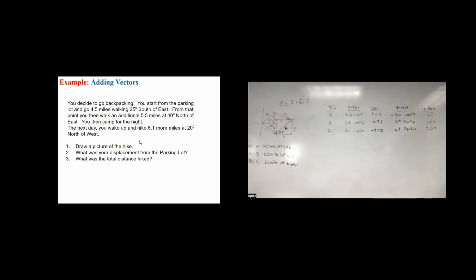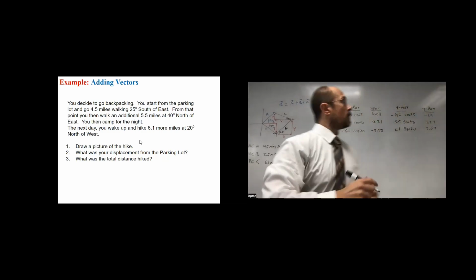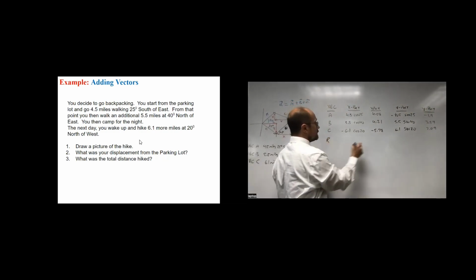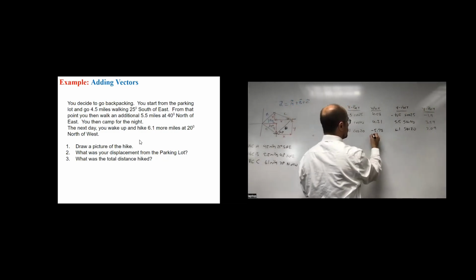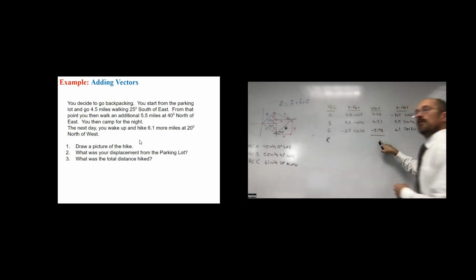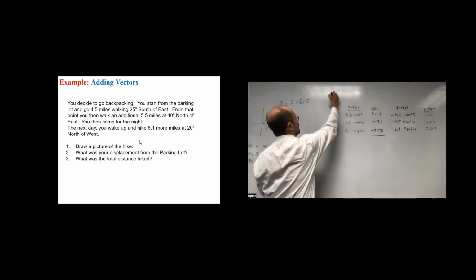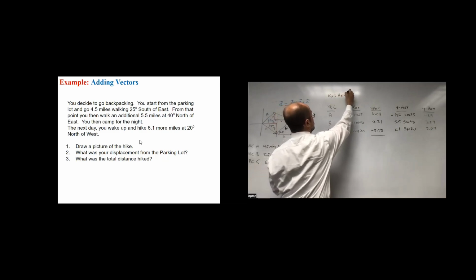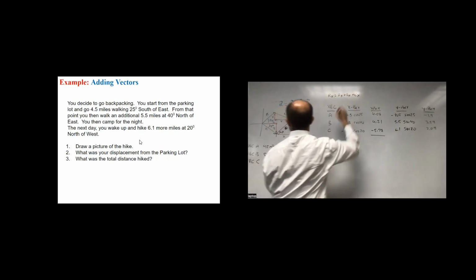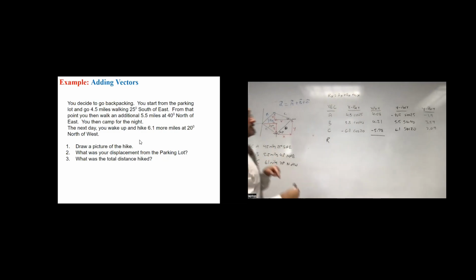All right. So now to get R, Rx is just the sum of these three numbers. Remember that Rx is Ax plus Bx plus Cx, the addition of the three x pieces.